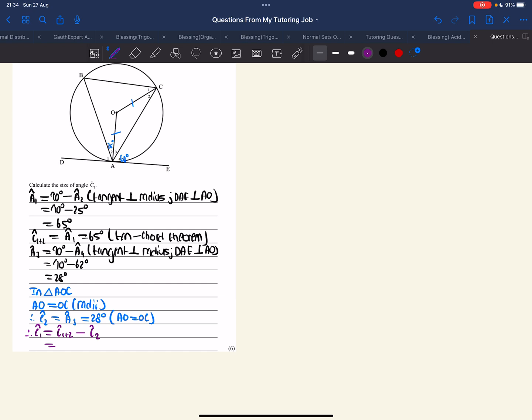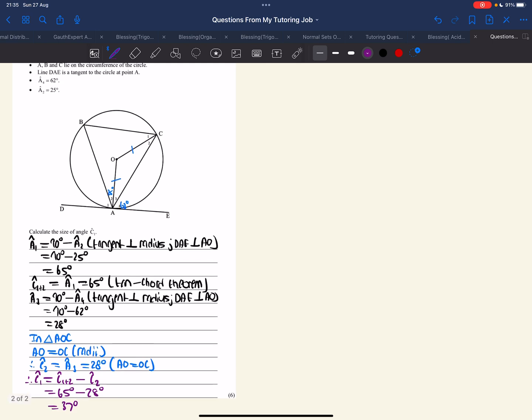Remember the whole entire angle of C, we found it to be 65 degrees, minus angle C2, which we found to be 28 degrees. So 65 minus 28, the answer should be 37 degrees. This is the way I would have approached calculating angle C1, which gives me 37 degrees.